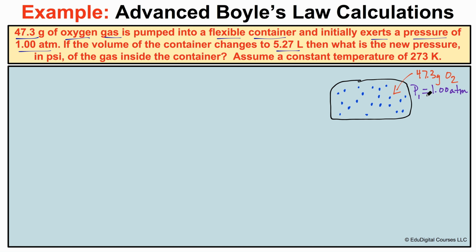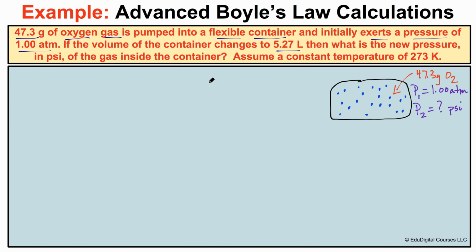And so what we're asked to figure out is the new pressure, or P2, in psi, if the volume of the container changes to 5.27 liters. So what we should probably figure out is the initial volume of this container before we can use Boyle's law.